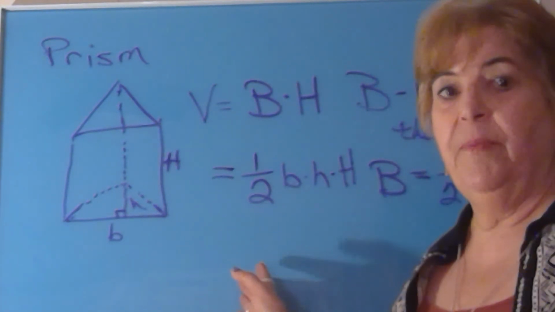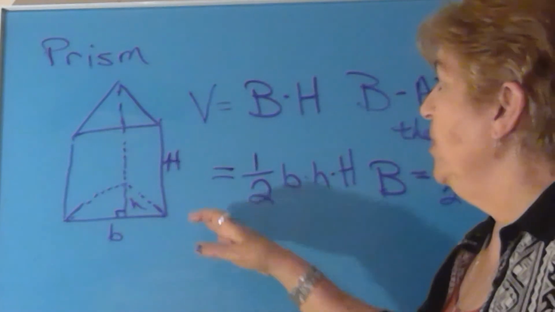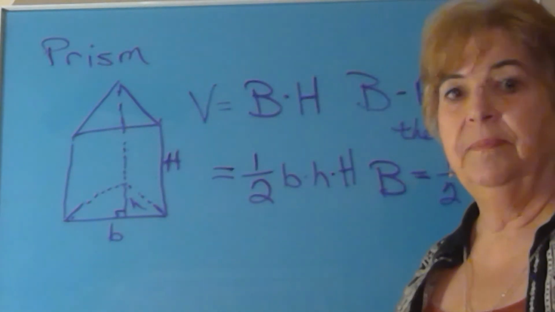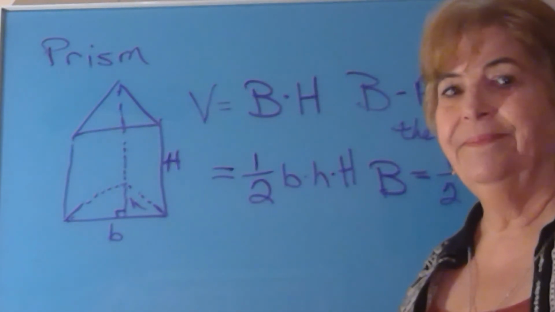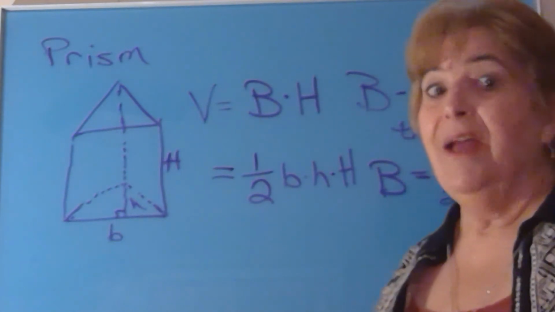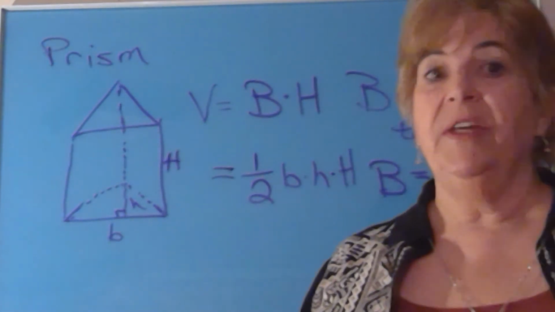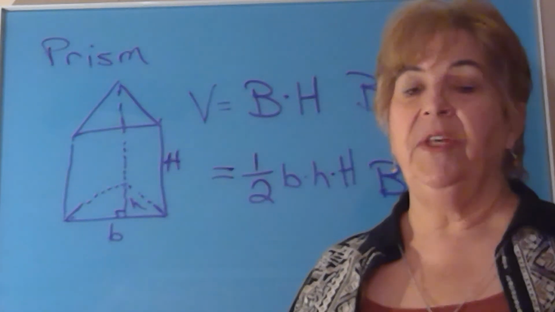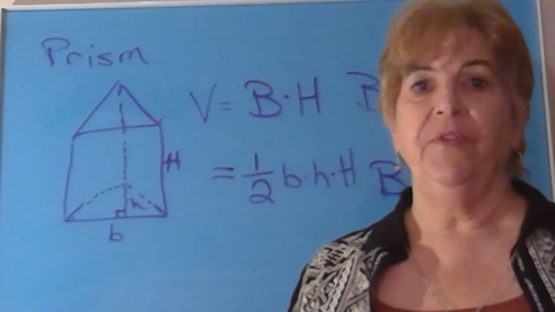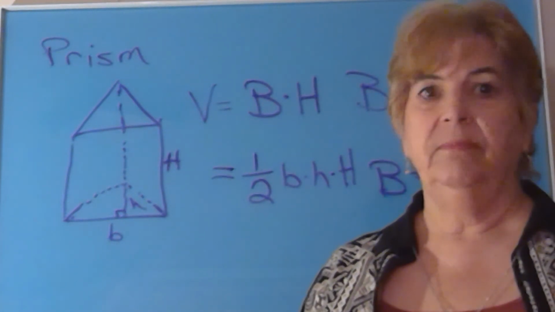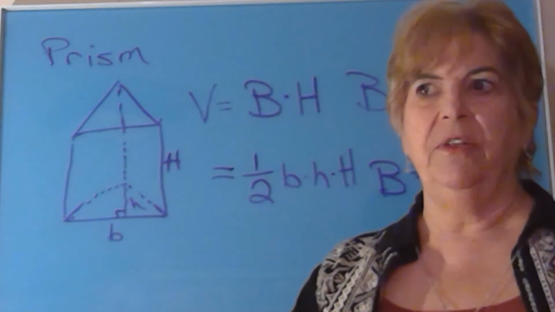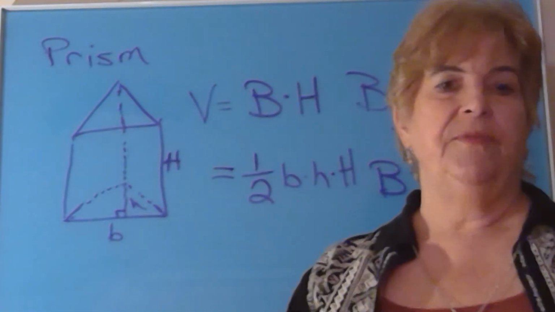We looked at the area of the base was length times width, and then we multiplied that times the height. Those are the formulas that you need for finding the volumes and surface areas of boxes, cylinders, prisms, and spheres.